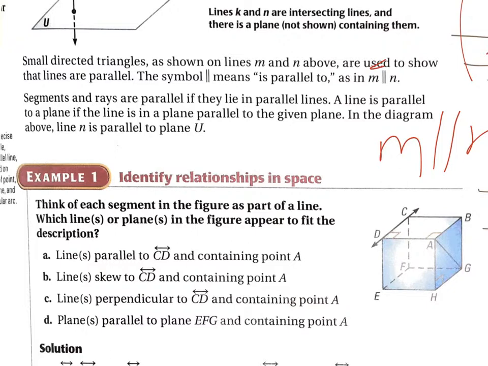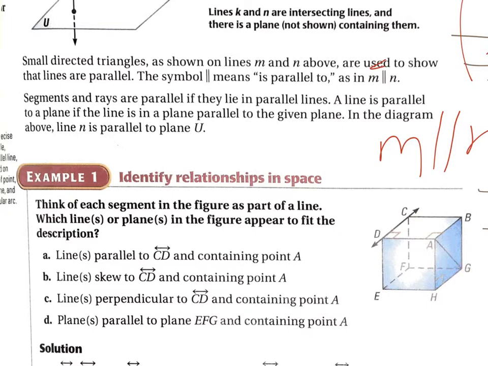Okay, for question B, we have lines skew to CD. Again, here's CD, and containing point A. If you look at our illustration here, we have AG.